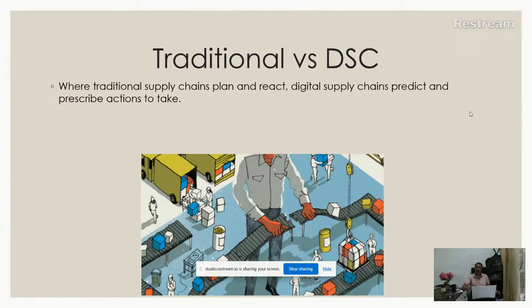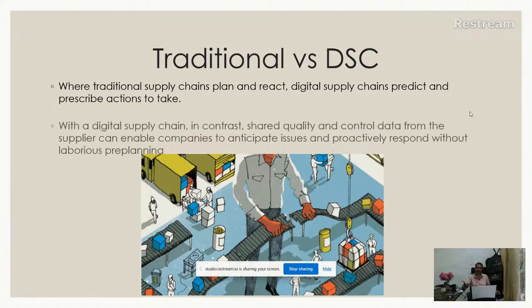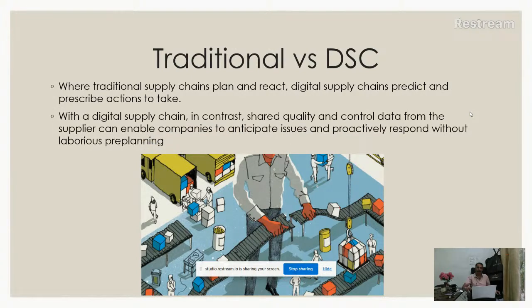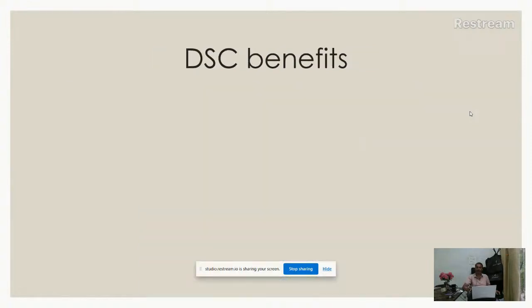So, compared to the traditional supply chain, which plans and reacts, the digital supply chain predicts and prescribes actions to take. So it's entirely opposite. In a digital supply chain, shared quality and control data from the supplier can enable companies to anticipate issues and proactively respond without laborious pre-planning.